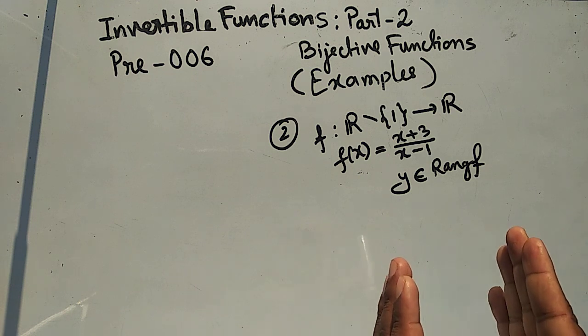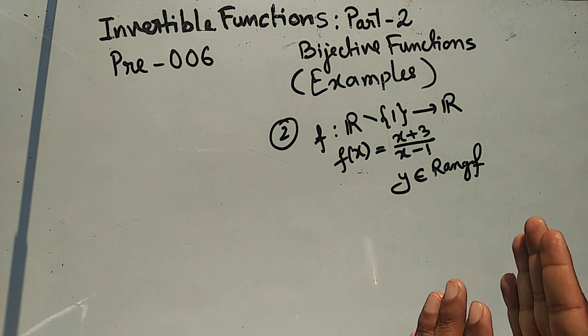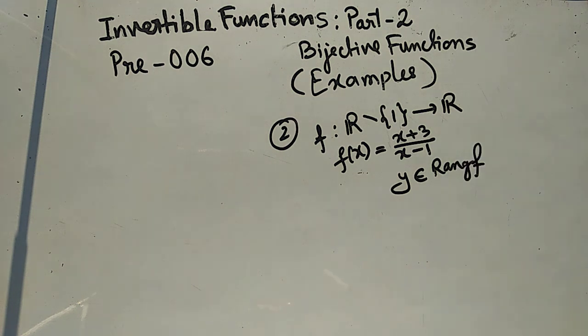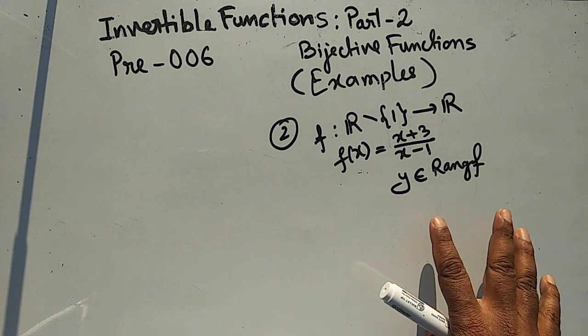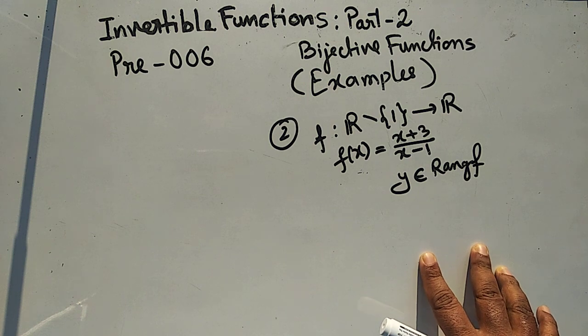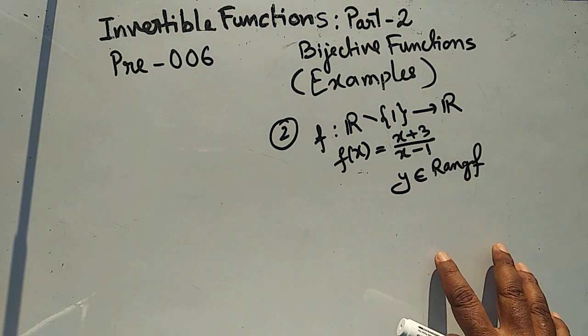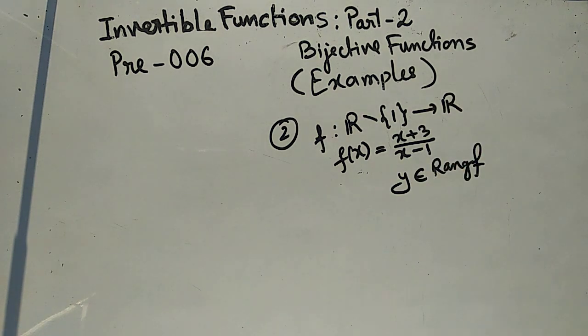If the range of the function is same as codomain, then the function is onto. Clear? If our range is equal to the codomain, means whatever the range comes should be equal to R, if it is equal to R, then function is onto.